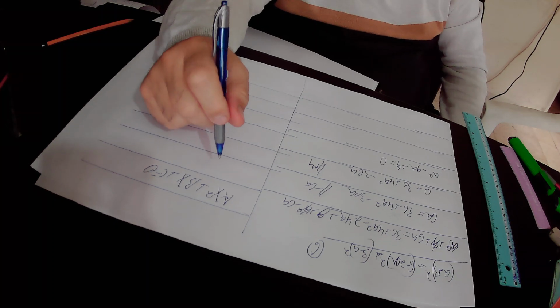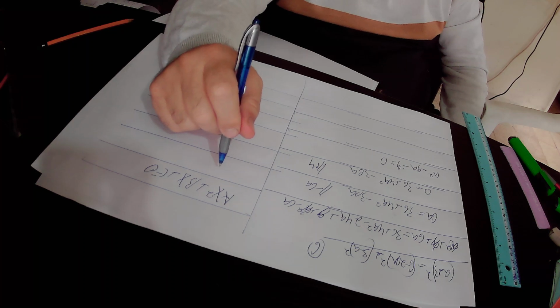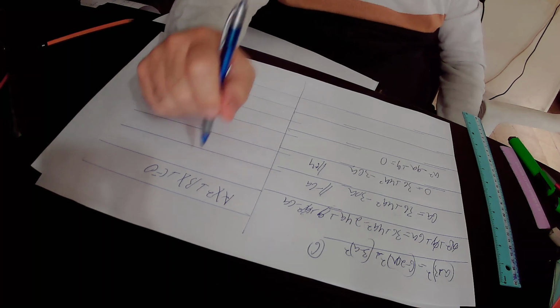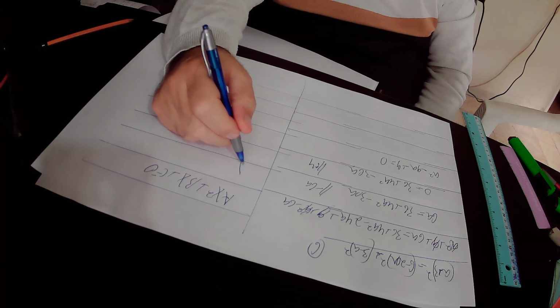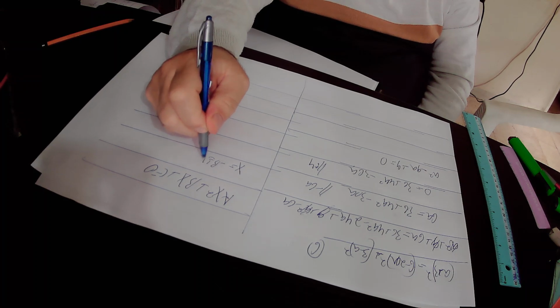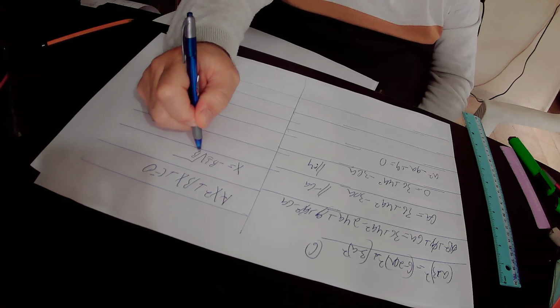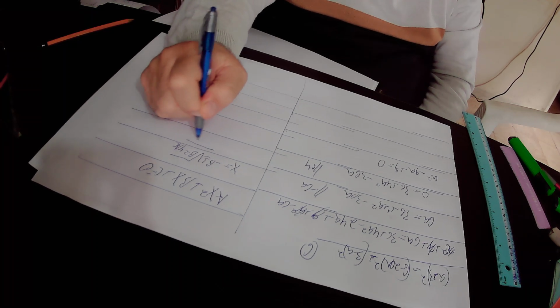Here in this general formula, a, b, and c are the coefficients of this quadratic equation, and x is the variable that we are looking for. And we will find the value of x according to the following formula. x equals minus b plus or minus the square root of b squared minus 4 times a times c, over 2a.